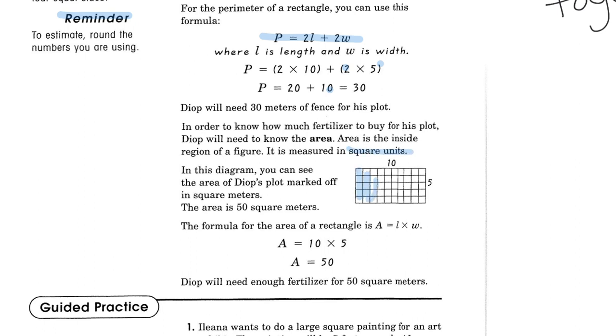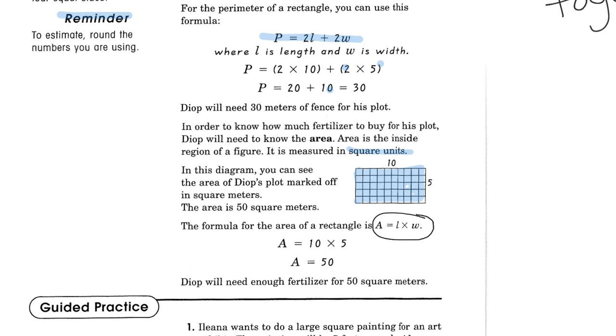So you want to find all of this space inside our rectangle. Now, the formula for area is length times width. So in this diagram, you can see the area of Diop's plot marked off in square meters. The area is 50 square meters.